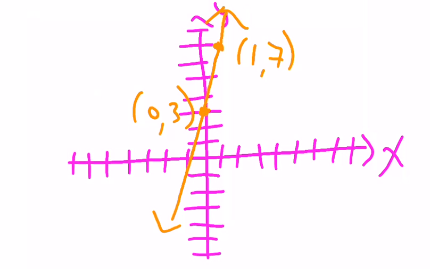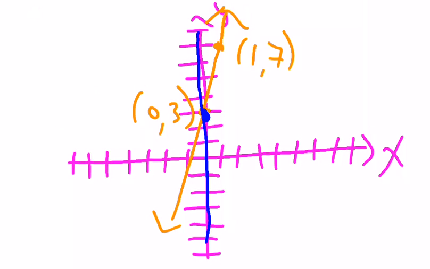They give you 2 points that are on the line, and then they ask you what is the y-intercept and what is the equation of this line. So if we look at the y-intercept, remember, to be a y-intercept, it crosses the y-axis. So our y-axis is right here. And so where it crosses is at this point. So our y-intercept is at the point 0, 3.